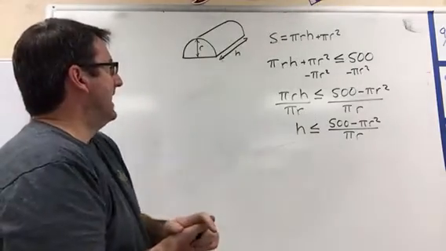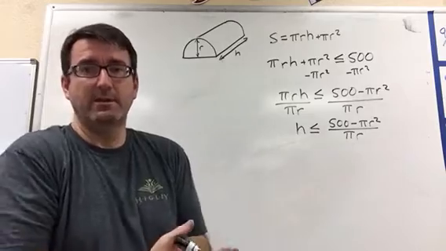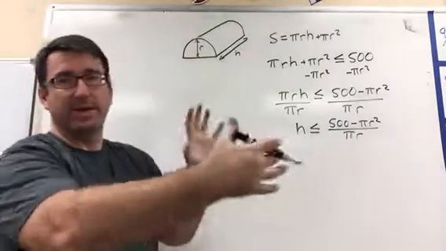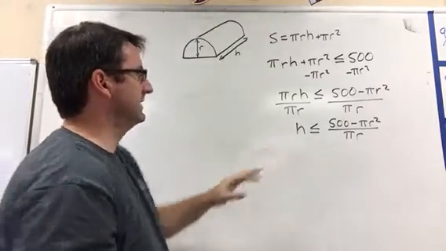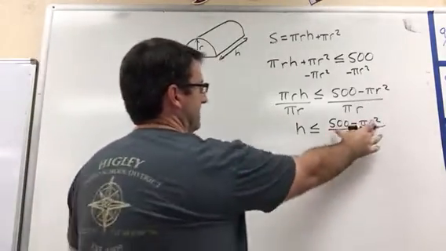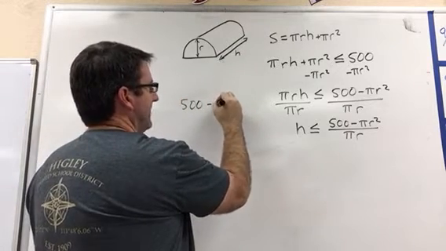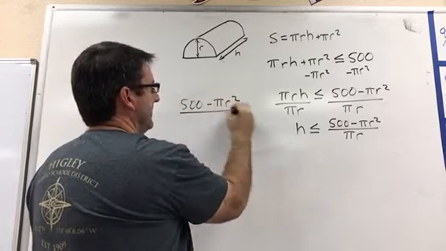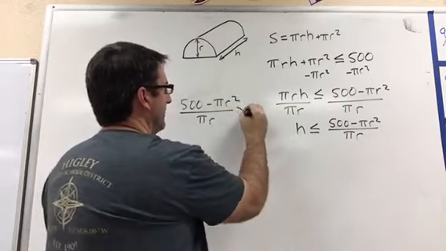Well, we know that h can't be negative, right? We can't have a negative length for our greenhouse. So let's set this equal to 0. Let's say that our height, (500 minus pi r squared) divided by pi r, has got to be greater than 0.